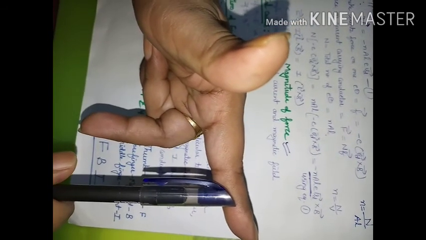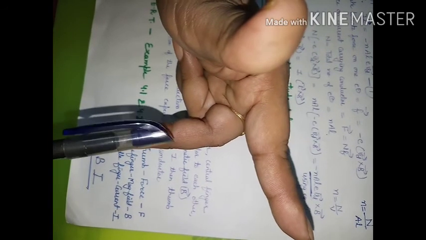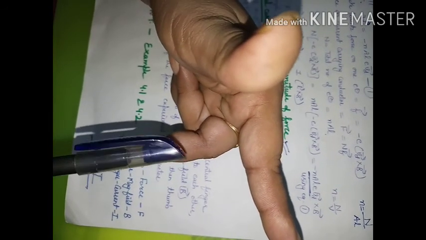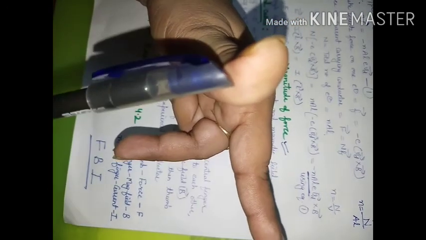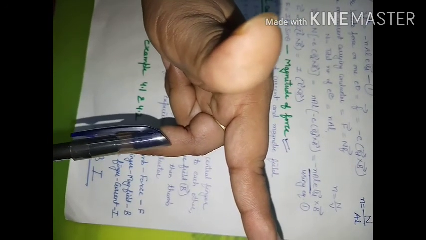Now just remember FBI. F means the thumb represents the direction of force acting on the wire. B, the forefinger, represents the direction of magnetic field, and your central finger represents the direction of current flowing.